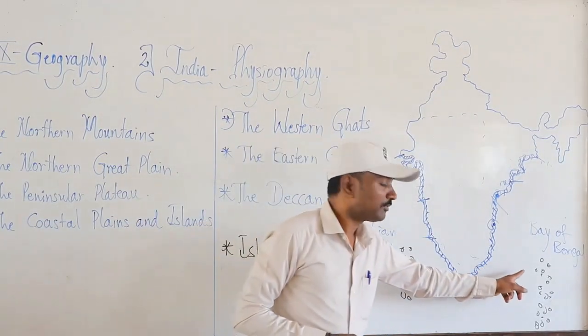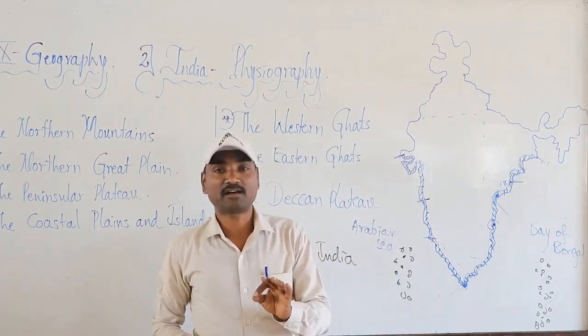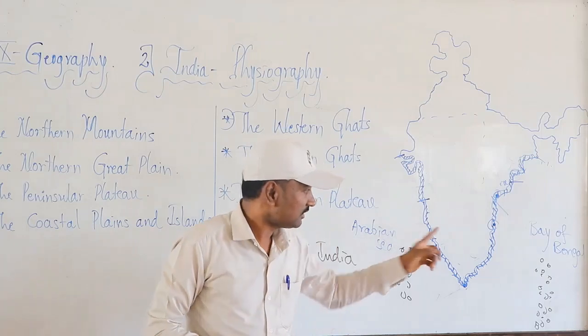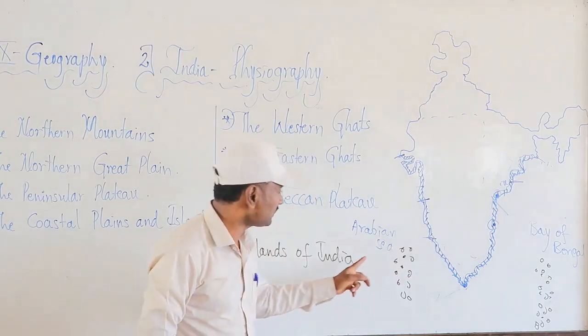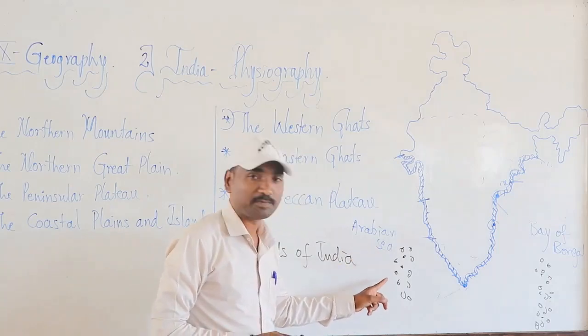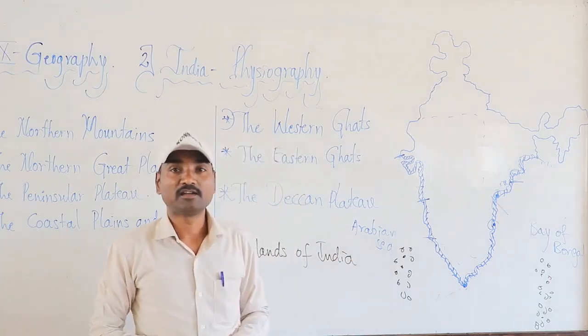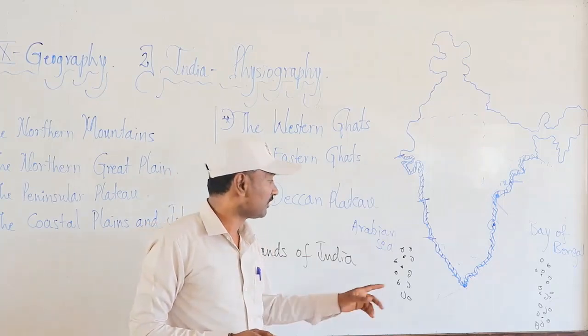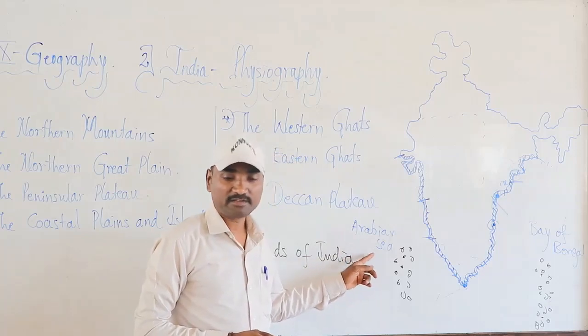In the Bay of Bengal, there are 204 islands, and the remaining 43 islands are in the Arabian Sea. The Andaman and Nicobar Islands are in the Bay of Bengal and the Lakshadweep Islands are in the Arabian Sea.